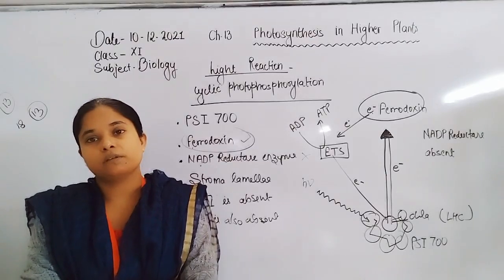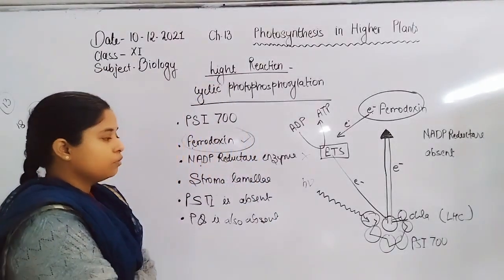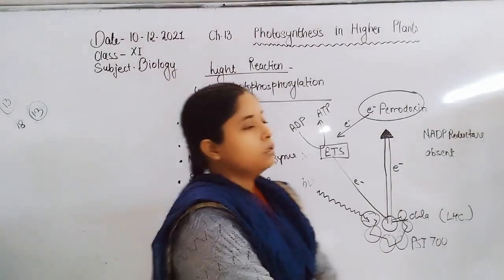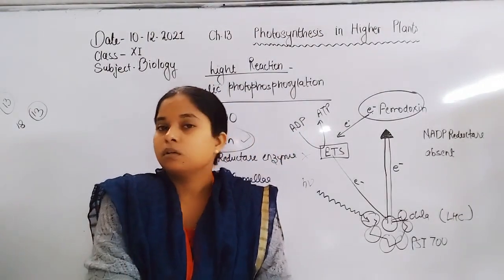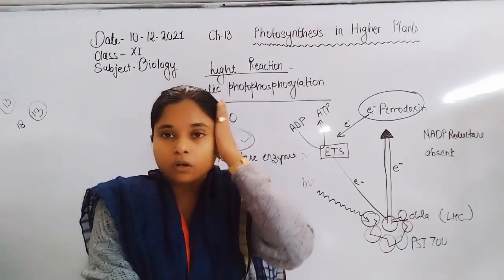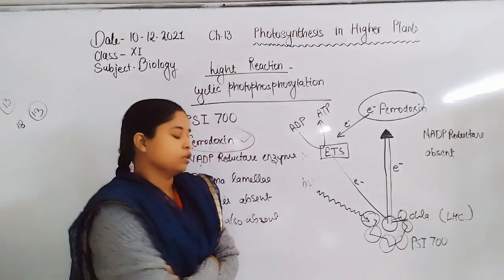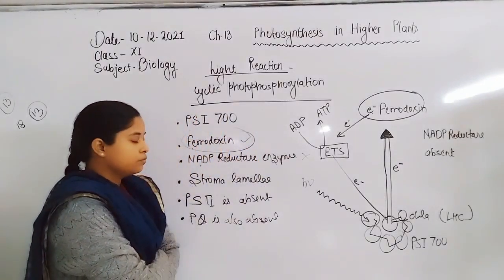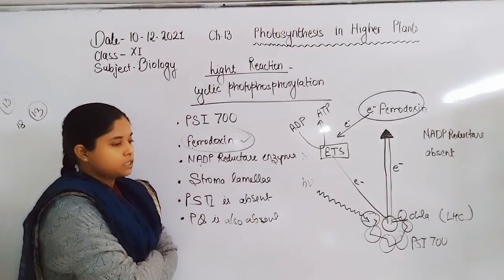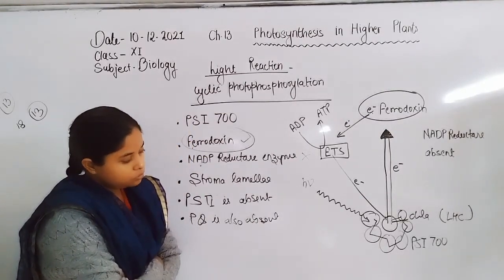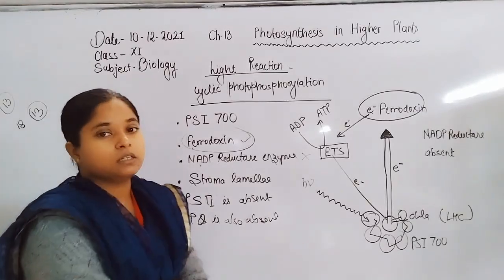So, fulfilling of electrons takes place through the splitting of water. Through the splitting of water, 4 electrons, 4 protons and one oxygen molecule get released by splitting 2 water molecules, and the 4 electrons move to fulfill the deficiency of electrons onto photosystem second, which absorbs light of 680 nanometer.